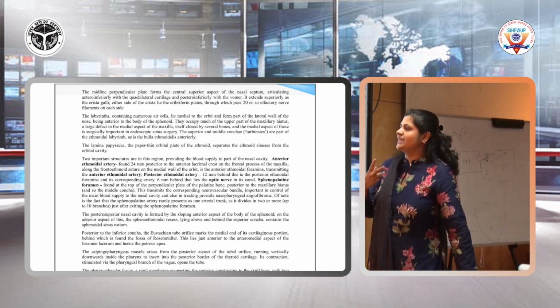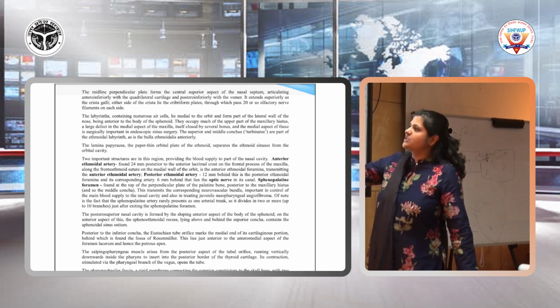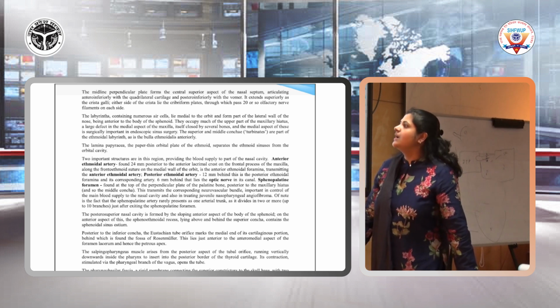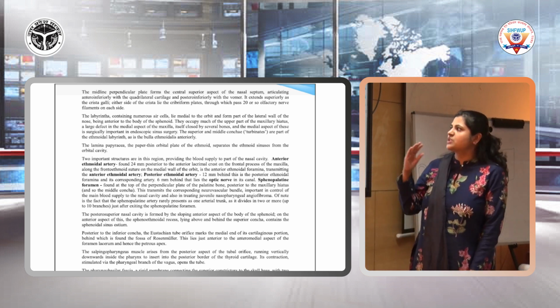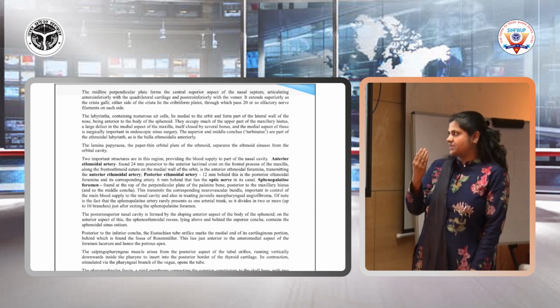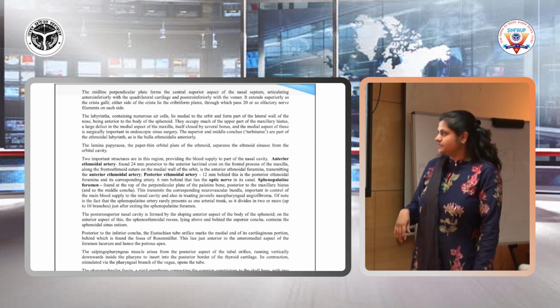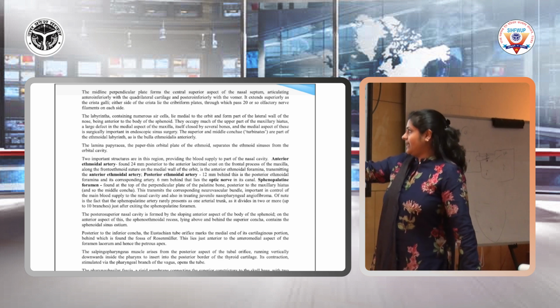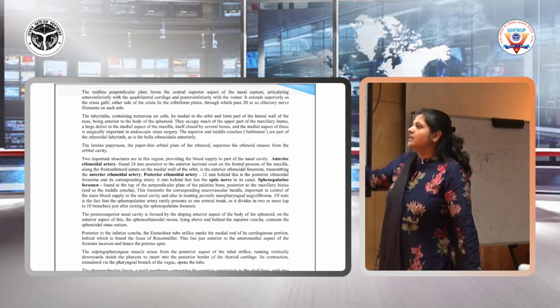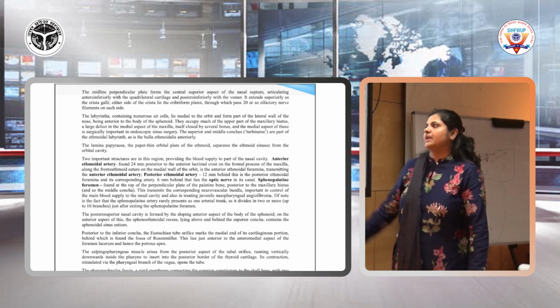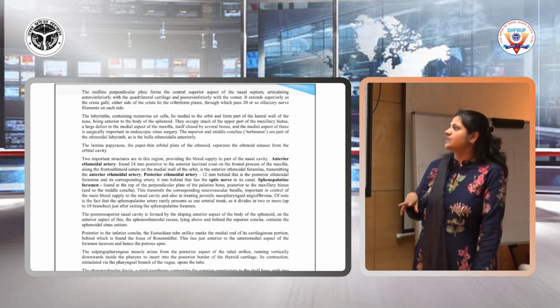Now the two important structures in this region. The first one is the anterior ethmoidal artery. It is found 24 mm posterior to the anterior lacrimal crest on the frontal process of the maxilla. The anterior ethmoidal foramen transmits the anterior ethmoidal artery. The second structure is the posterior ethmoidal artery.